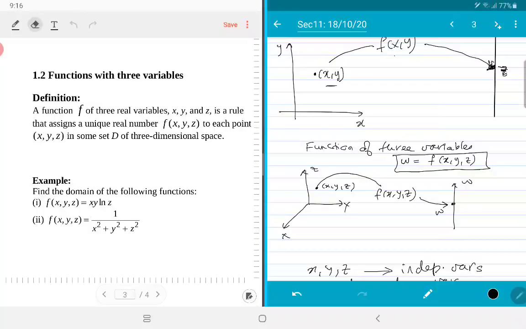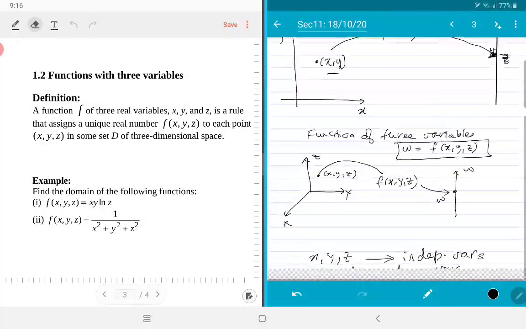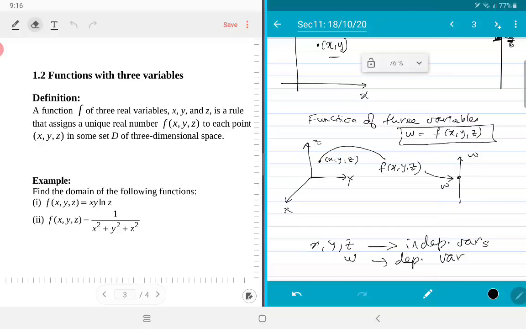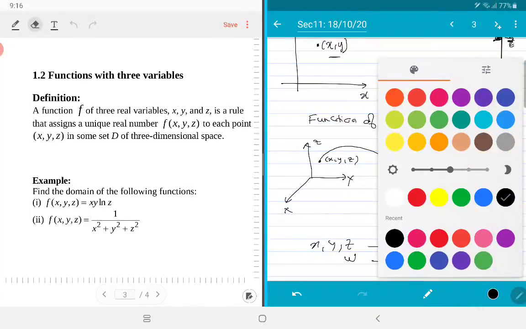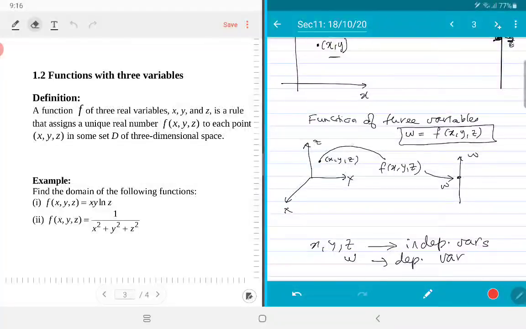Okay, so in this case, all possible values of the points (x, y, z) is what we call the domain, and all possible values of w is what we call the range.